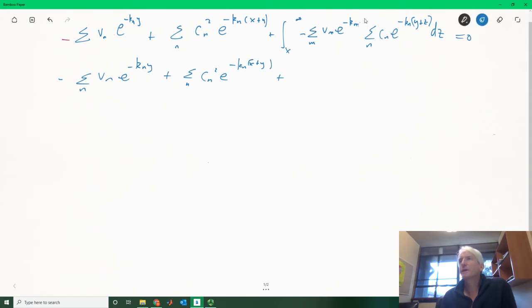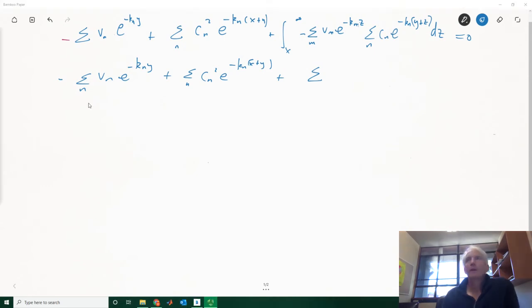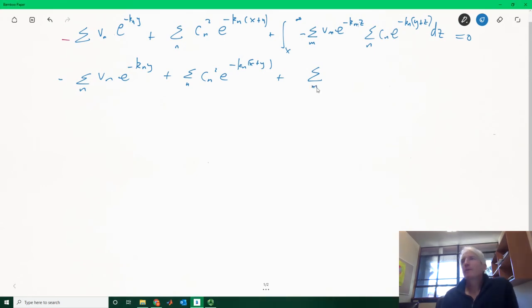So what I'm going to end up with is the sum over m, the sum over n, with a minus sign, c_n squared over k_m plus k_n times b_m times e to the minus k_m x, e to the minus k_n (y plus x), equals 0. I've lost the c_n squared here as well.